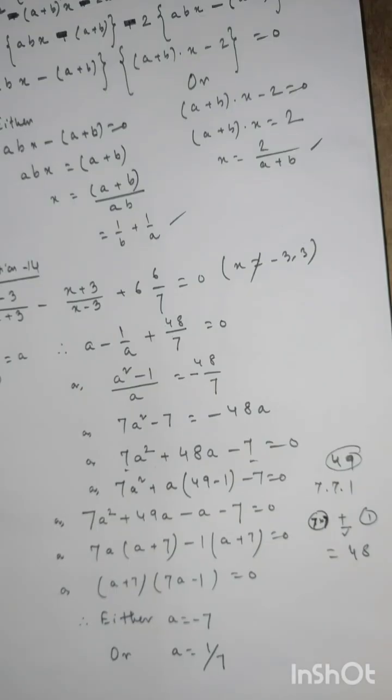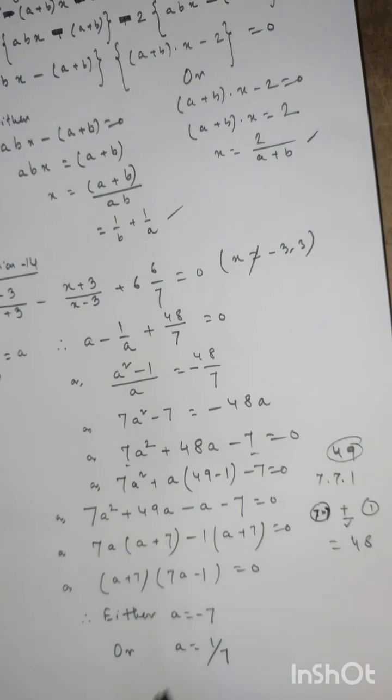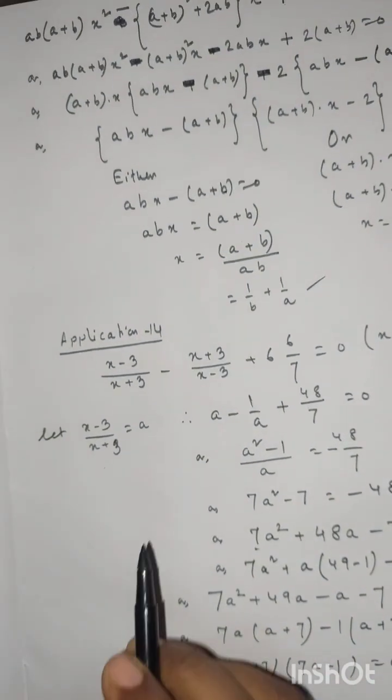So these are the two values of a. Now if a is minus 7, we can put it here.